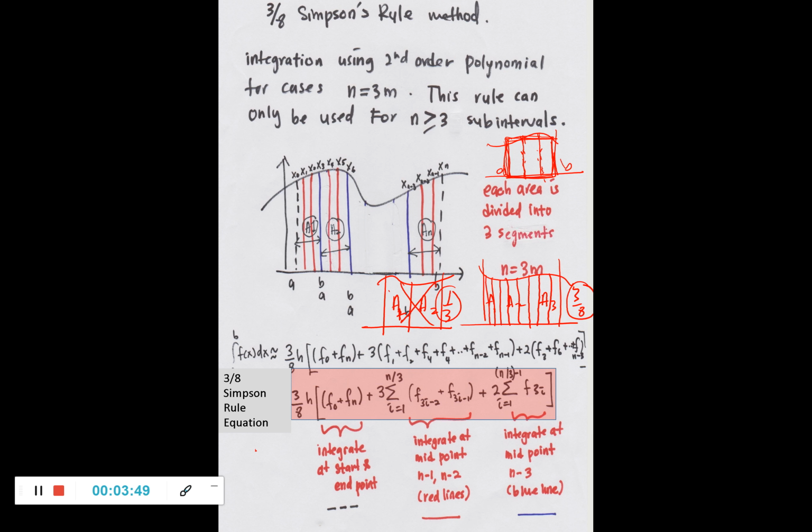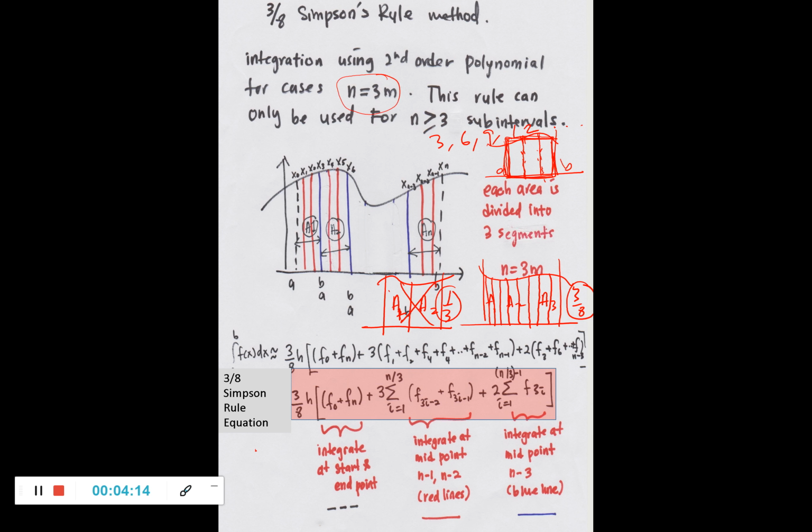Meaning that you boleh gunakan this formula jika you punya segmen ada 3, 6, 9, 12 dan seterusnya dalam gandaan 3. So this formula is valid for the cases where your sub-interval lebih besar atau sama dengan 3, dan your n value ataupun segment value must be dalam gandaan 3.